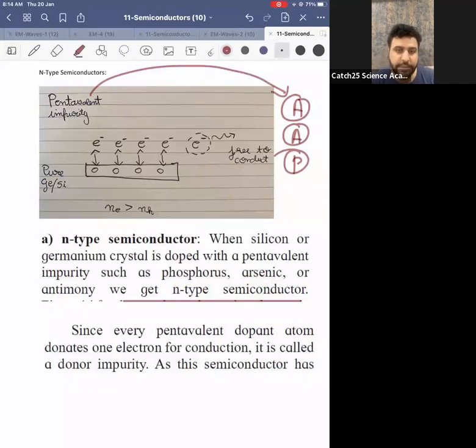Don't write, listen first. If they ask you the definition of N-type semiconductor, we have to write exactly this: when silicon or germanium is doped with pentavalent impurities such as arsenic, antimony, and phosphorus, we get N-type semiconductor. This is the definition.